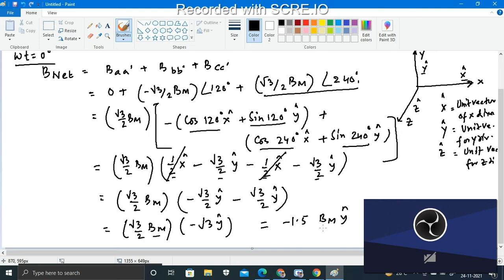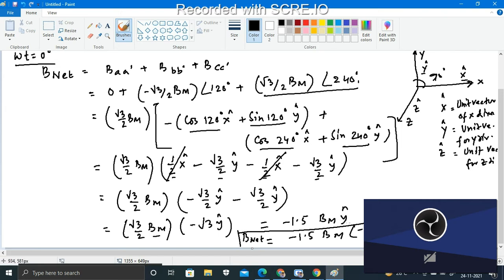So from there we are finding -1.5 Bm y at an angle of 90 degree, so that will be the minus of 90. That is actually my B net.